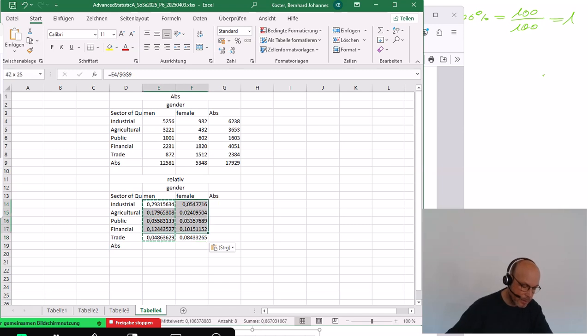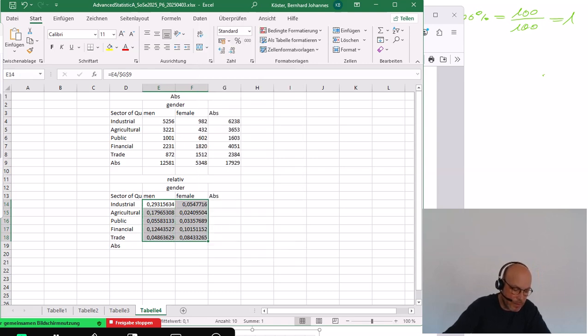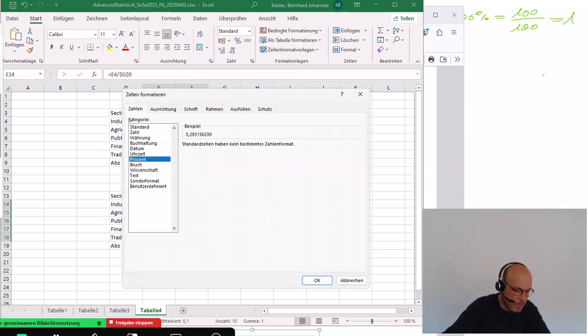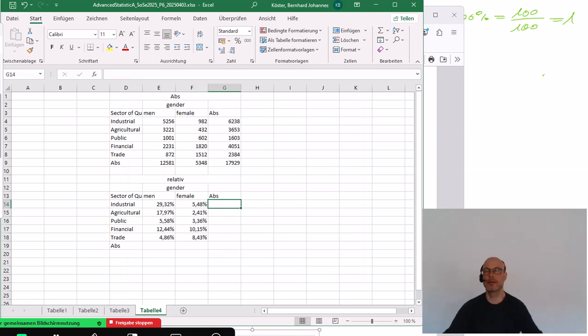And then you just have to reformat it so that I want to have it in percent. And then I'm done. And how do I obtain the accumulated probabilities? Just add up.